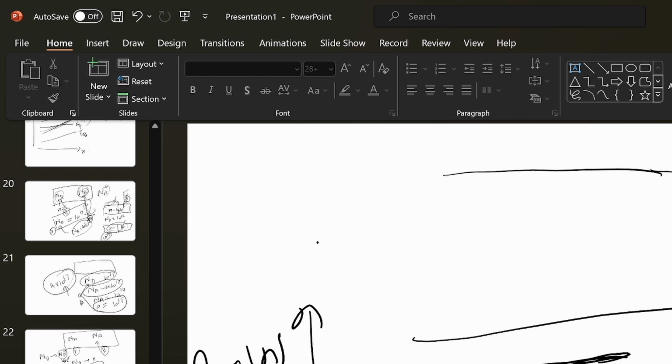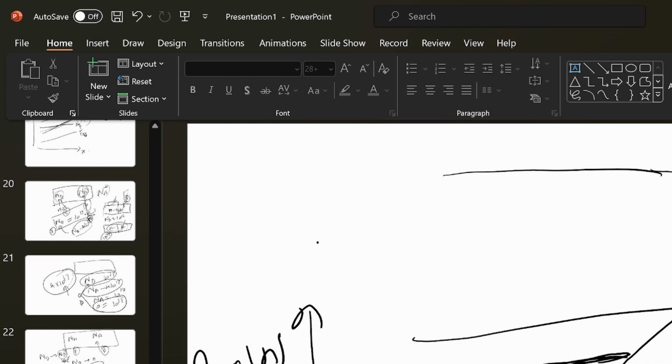And there will come a point where there is another thing: the intrinsic carrier concentration, Ni, is also strongly dependent on temperature. We have seen that it goes as exponential of minus Eg by 2 kBT. So Ni will come like this.